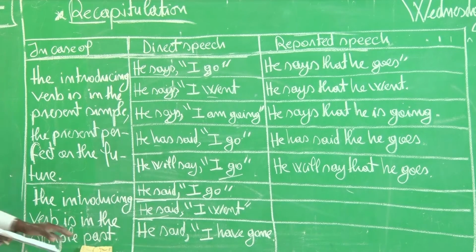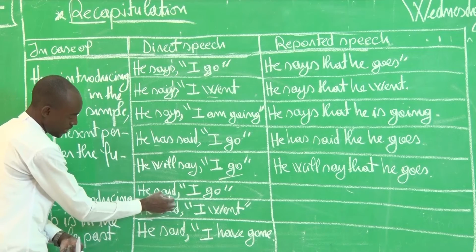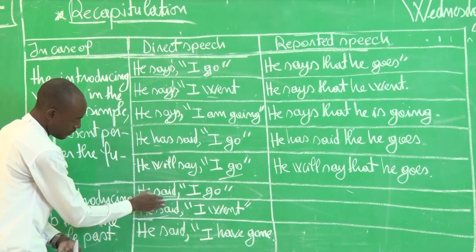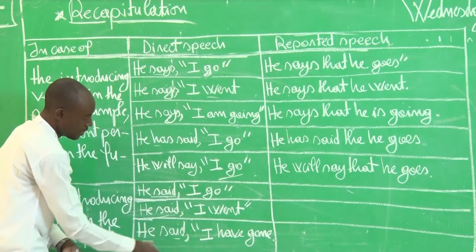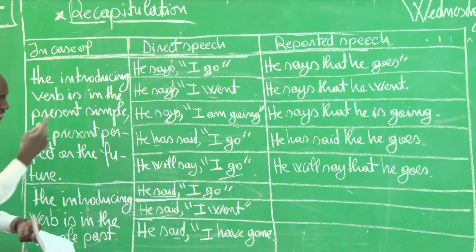Now, let's take this part. The introducing verb is in the simple past. When the introducing verb is in the simple past, as in this example, in reported speech we must change the tense.